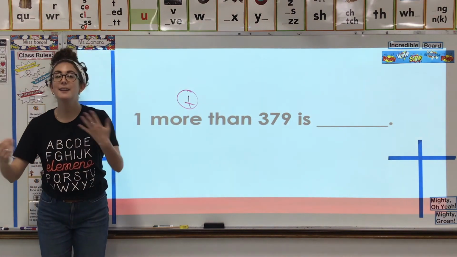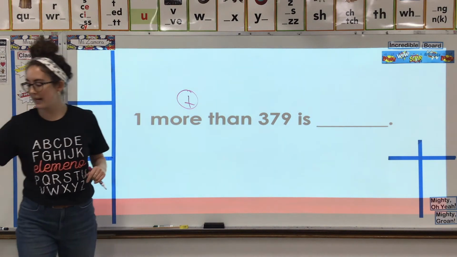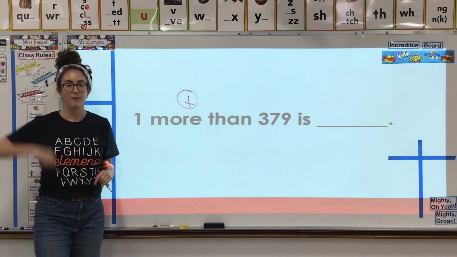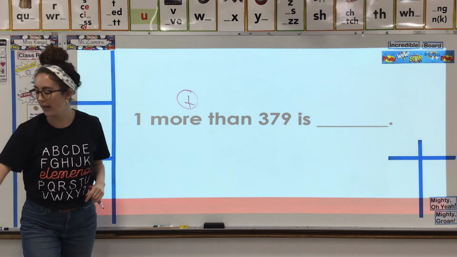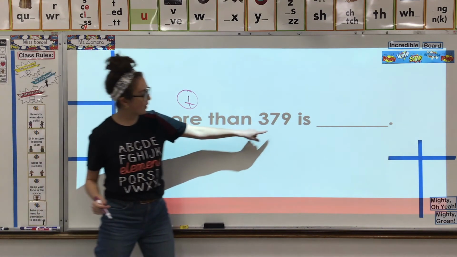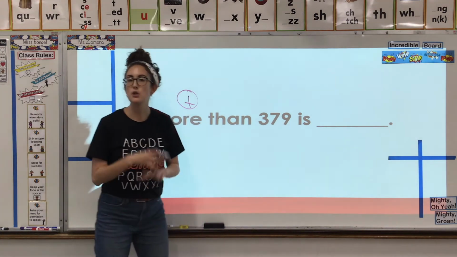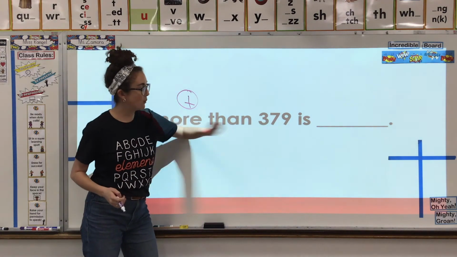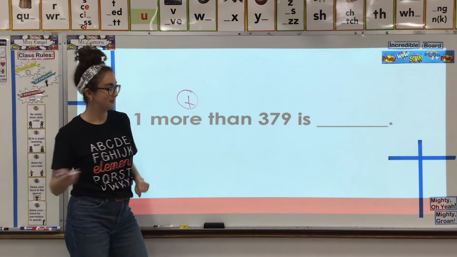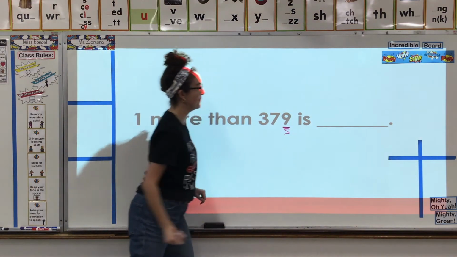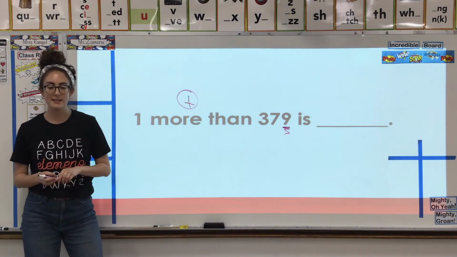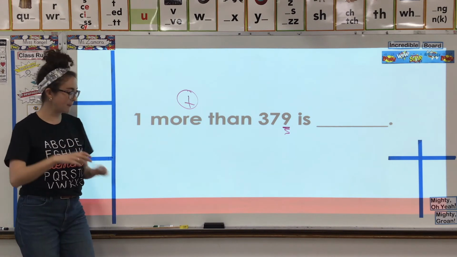We're going to add. And how much are we adding? 1. We're going to just add a 1. Let's see though. How many 1s do we already have? How many 1s are in this number? There are 9 1s. So what's going to happen?